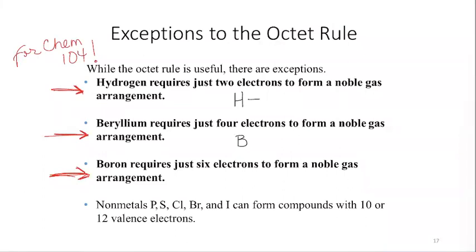So whenever we see compounds with beryllium, that's how it looks. And then, boron requires only 6 electrons to form a noble gas arrangement. So we tend to see boron like this with 3 lines around it. Remember that each line represents 2 electrons.